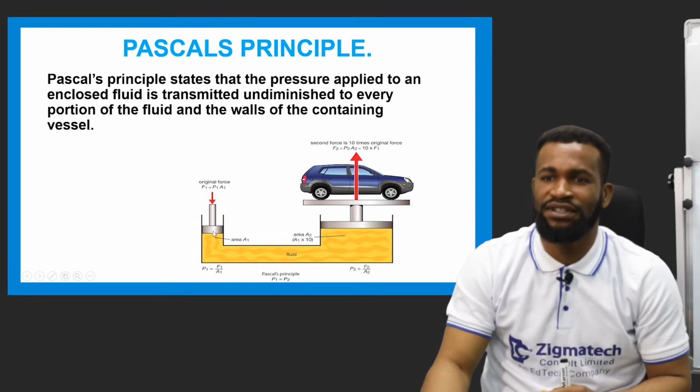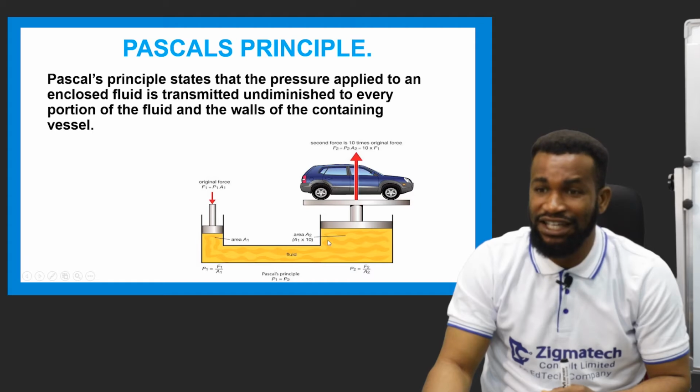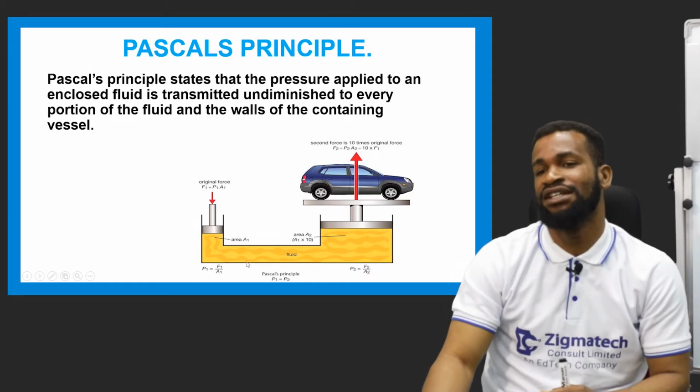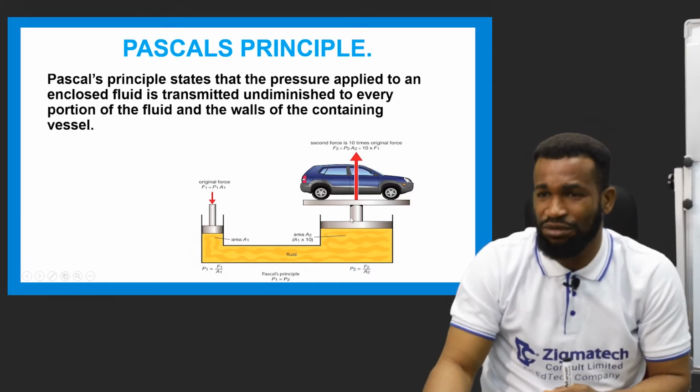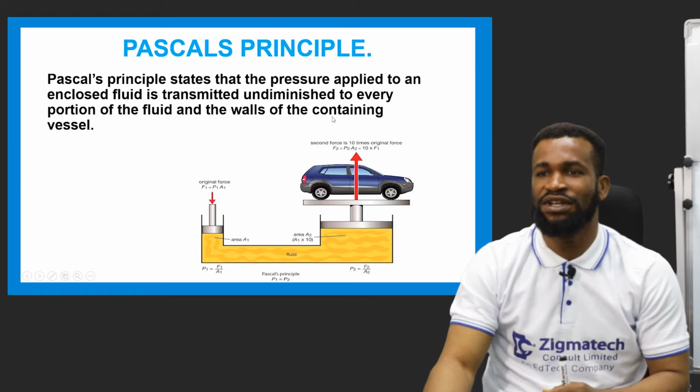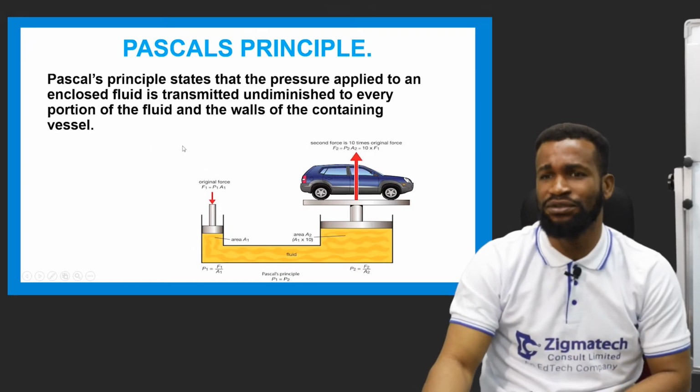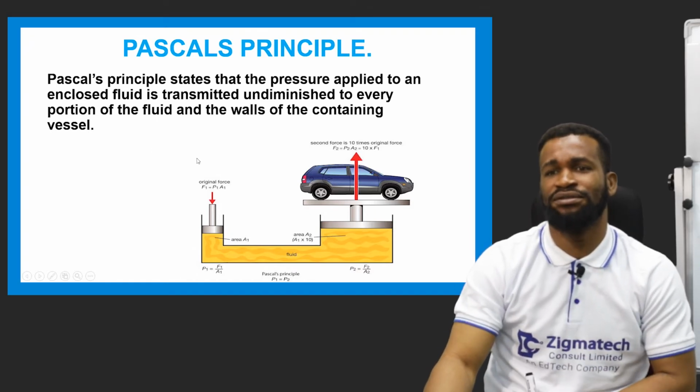The more you push the piston, the lower it goes, and the liquid cannot lose it and then pushes this one upward. Then it was able to carry this. So that is why I said to every portion of the fluid and the walls of the containing vessel.